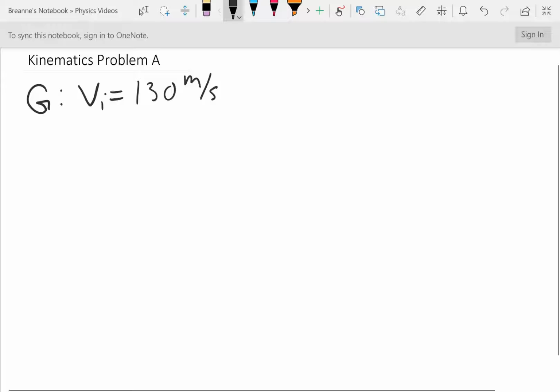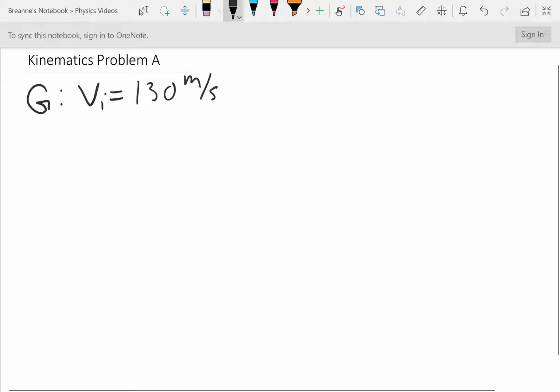Decelerates just means accelerates in the negative fashion, and it is at a rate of negative 25 meters per second squared. So it flat out tells you that deceleration and acceleration are the exact same thing. Just one is speeding up, acceleration. One is slowing down, deceleration.